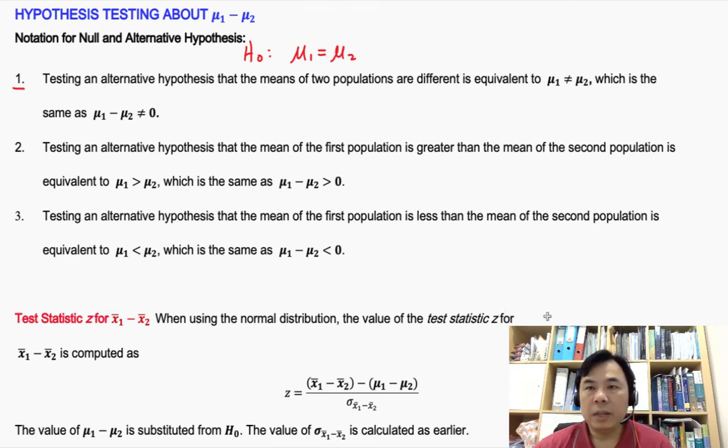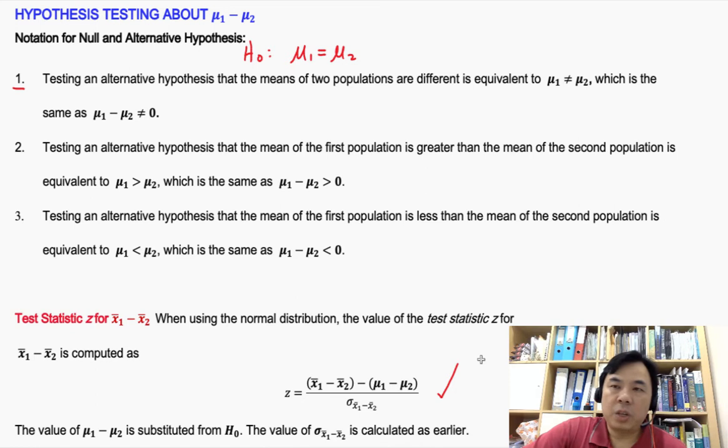Now, calculating the test statistics, this is the most important calculation that we need. The formula to use for calculating test statistics is given here. Now, once we have calculated the test statistics, we're going to compare this observed z-score or test statistic with the critical value that we obtain from the data booklet or from your calculator.